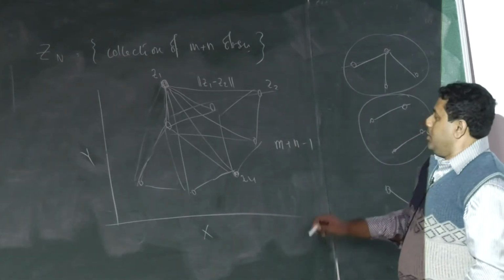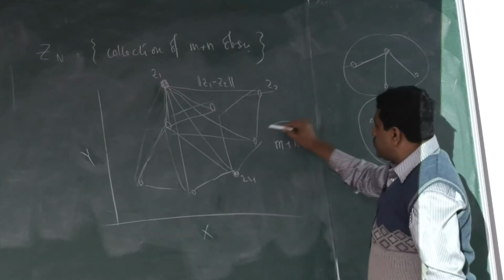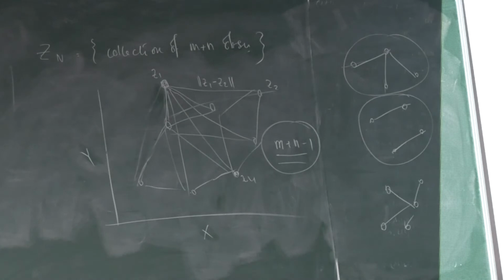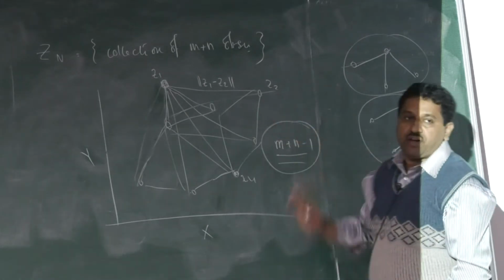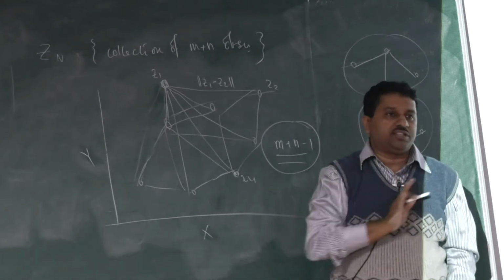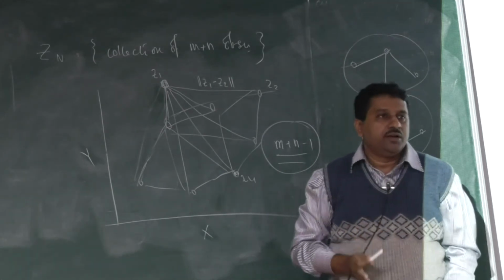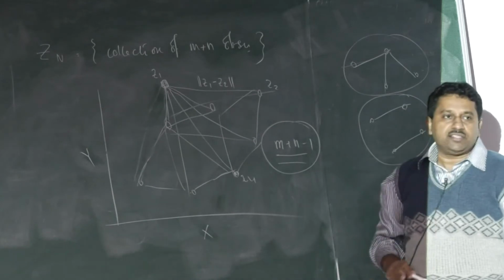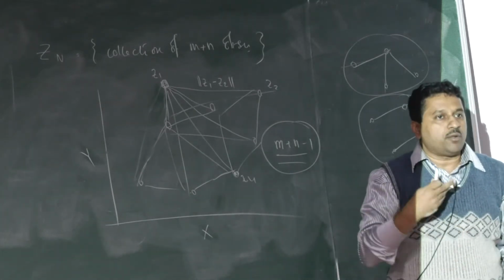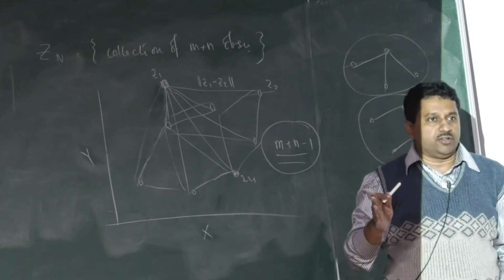Okay? So this choice of n plus n minus 1 edges, which will make the graph connected, is not unique. You can choose it some other way, I can choose it some other way. Now you have given me one choice. For that choice, there is an associated cost. For my choice, there will be another associated cost.